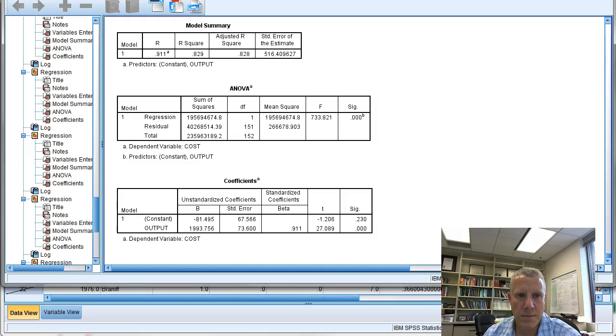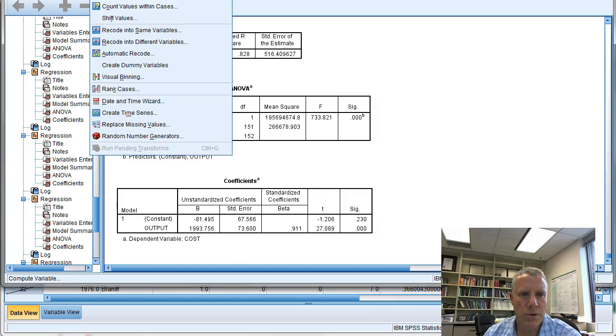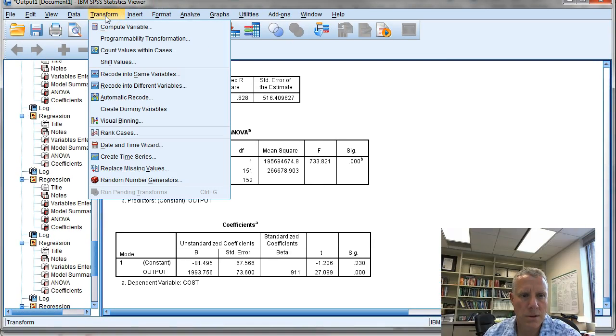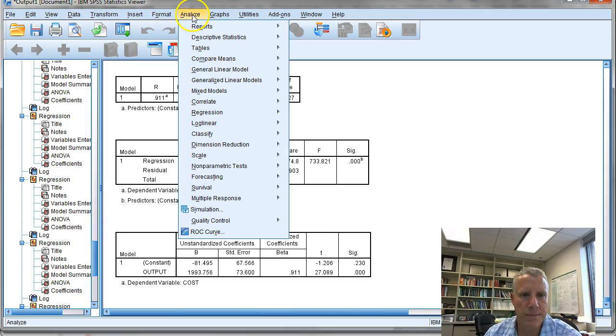Okay, so to estimate the quadratic, let's compute a new variable. Actually, let's see if we can do this simpler.